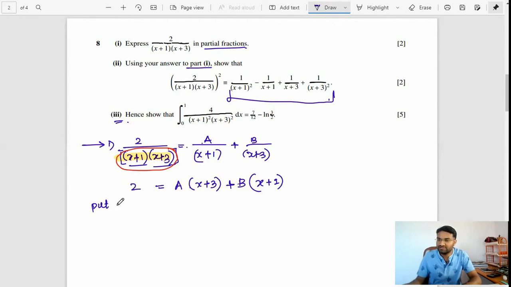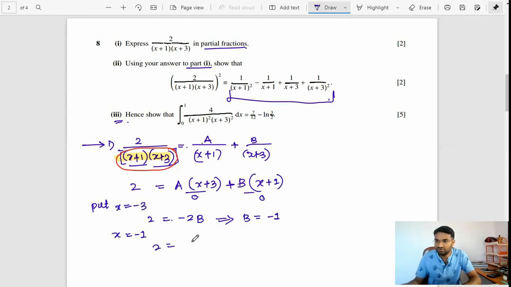Now put x equal to negative 3, then the A part will be 0. So 2 is equal to negative 2B, so B is equal to negative 1. Now put x equal to negative 1, and the B part will be 0. Negative 1 plus 3 is 2, so 2 equals 2A, and A is just 1.